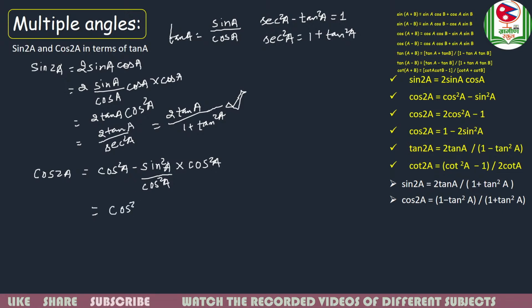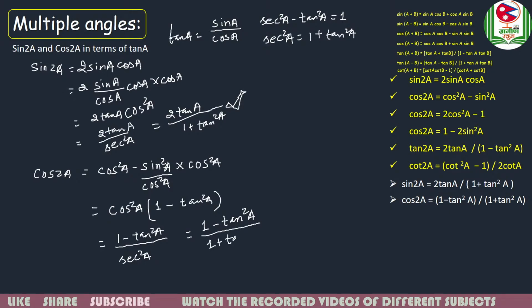So it is going to be cos square A into 1 minus sin square A upon cos square A, means tan square A. Okay, and again cos square A can be written as 1 upon sec square A, and once again this sec square A equals 1 plus tan square A. So we can write 1 minus tan square A upon 1 plus tan square A. So we have expressed sin 2A and cos 2A in terms of tan.